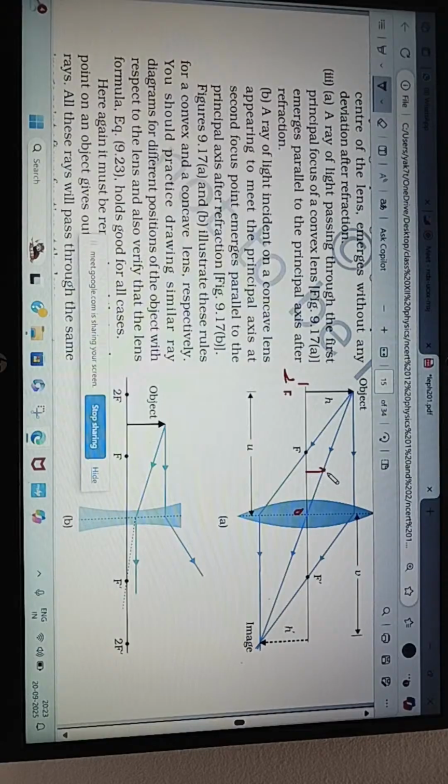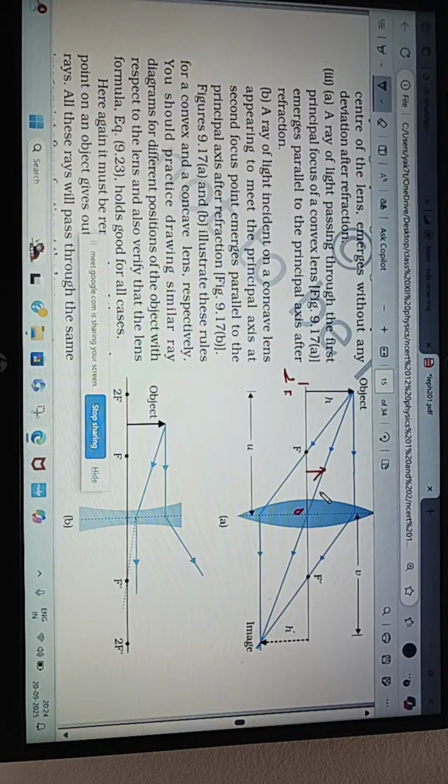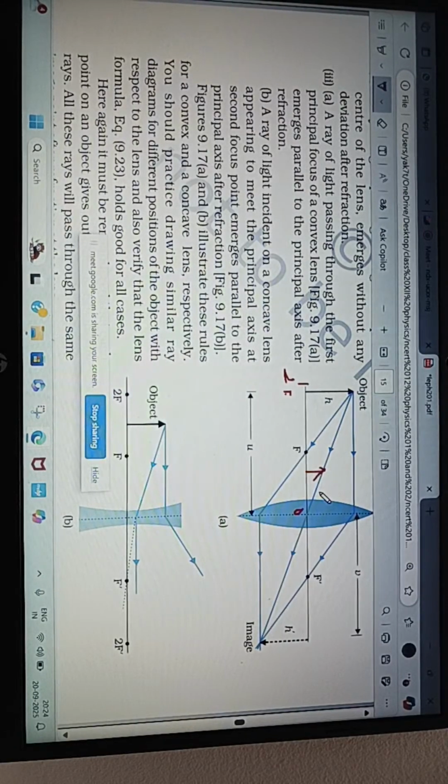Yes, sir. I have drawn those 5 ray diagrams, and I am doubtful that you are not very clear in ray diagrams still. If you are not clear, you are going to lose the 3 marks in your CBSE. 3 marks is heavy marks.